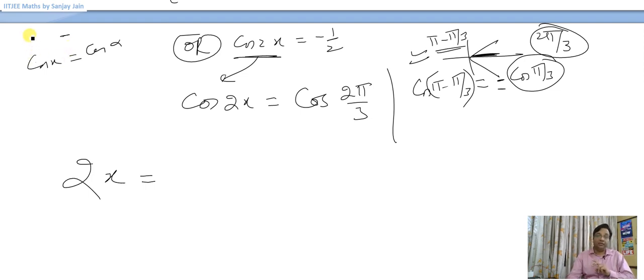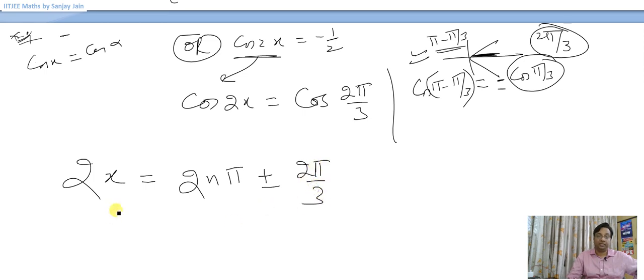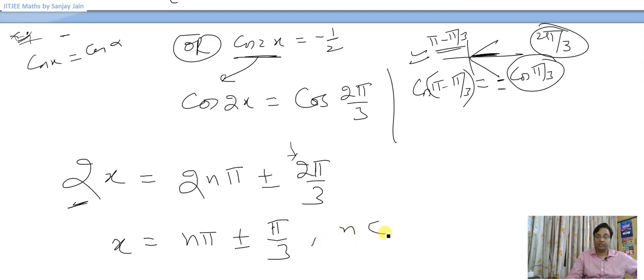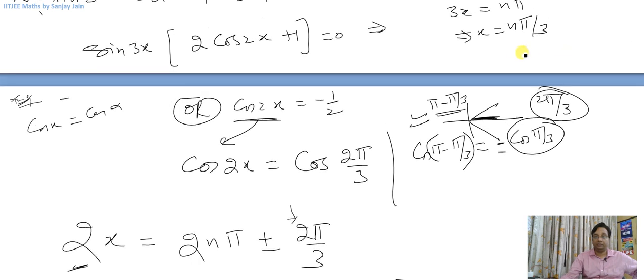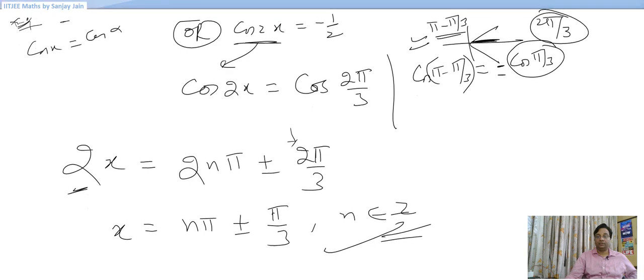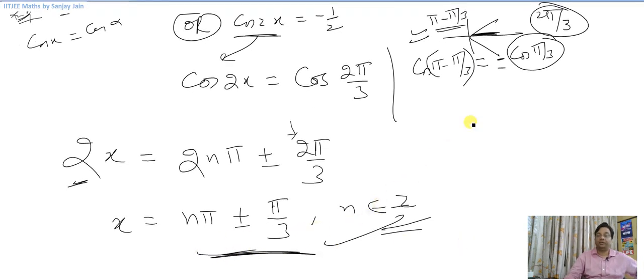You have to go in the second quadrant to write the negative angle, that is pi minus theta, right? 2x equal to 2n pi plus minus 2 pi by 3, then x will be equal to n pi plus minus pi by 3, because this 2 will get cancelled. So now this is correct. This is the solution, and union, this is the solution. n pi by 3 or n pi plus minus pi by 3. Now this is the solution.